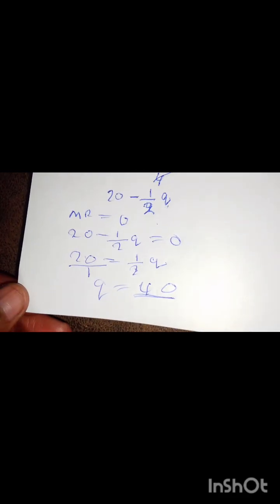From here, 20 is equal to Q over 2, once the negative crosses over and becomes positive. With the fraction, it will be 2 times 20, so Q is equal to 40. So this is the value of Q that will maximize our revenue. Then from here we can find the second derivative of the marginal revenue.